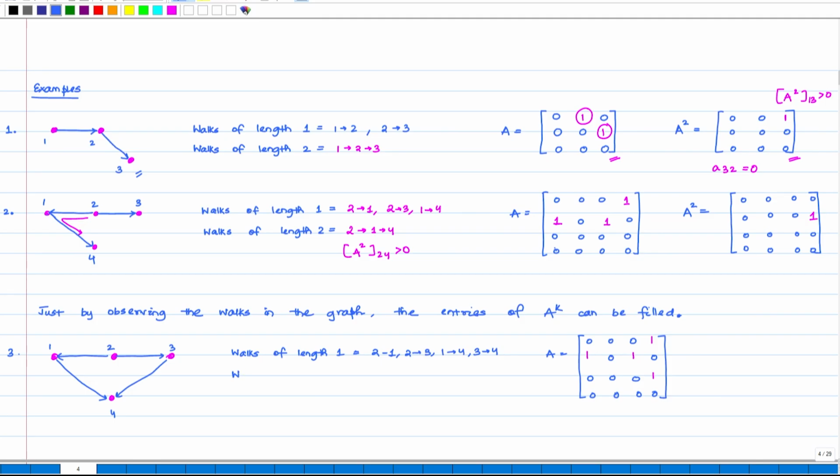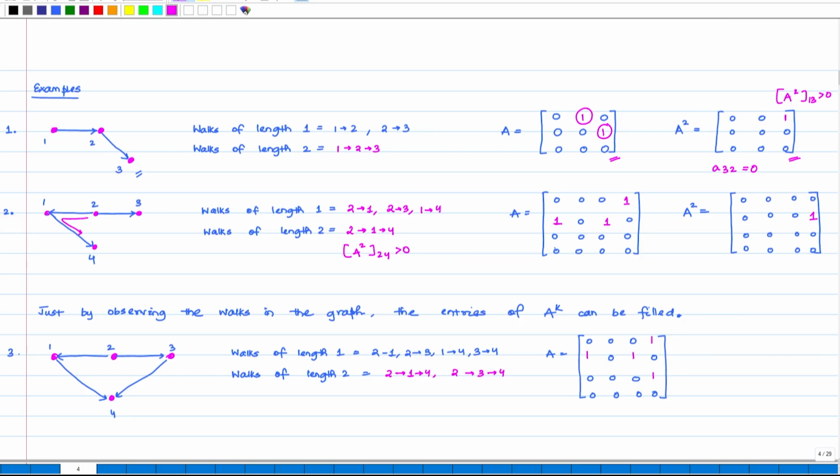Now, similarly, let us look at walks of length 2. How many walks are there of length 2? There are again 2 walks, 2 to 1 to 4, and the second walk is from 2 to 3 to 4. So, notice that between the nodes 2 and 4, there are actually 2 walks of length 2.